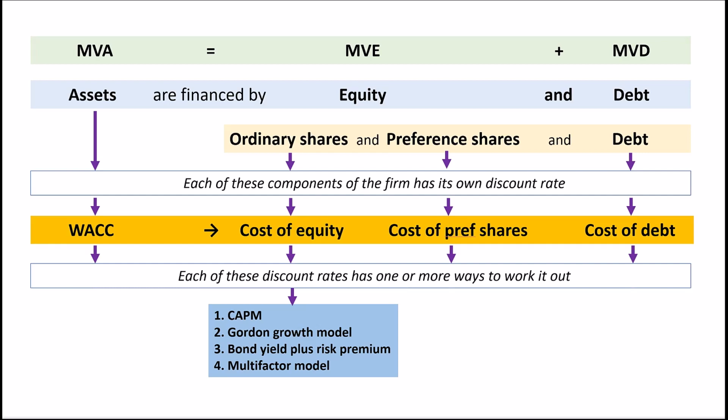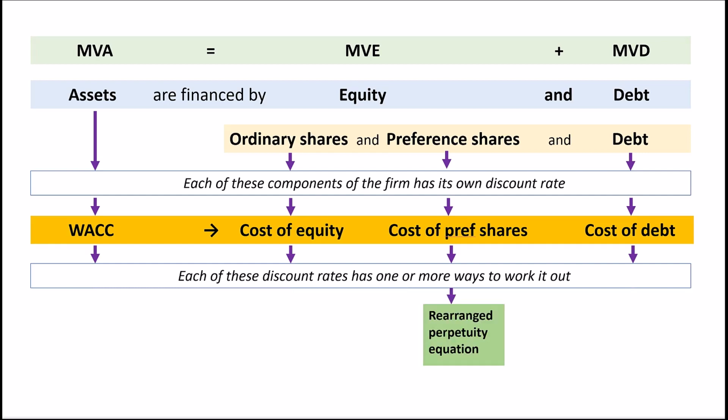Another method is to rearrange the Gordon growth model for the valuation of a share so as to have the discount rate on the left-hand side. Thirdly, cost of equity can also be estimated using the firm's own cost of debt as a reference point. Finally, there are so-called multi-factor models.